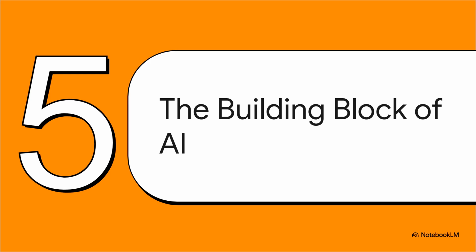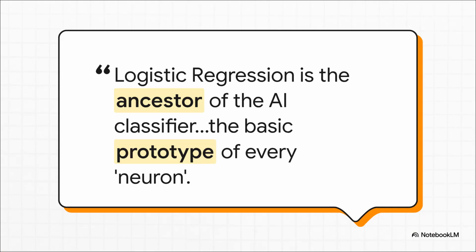Okay, let's zoom out for a second. Why did we just spend all this time talking about one S-shaped curve? Well, it's because this simple tool is one of the most important building blocks in all of artificial intelligence. Think about this for a second. This humble little decision maker, it is the direct ancestor of the most complex AIs we have today.